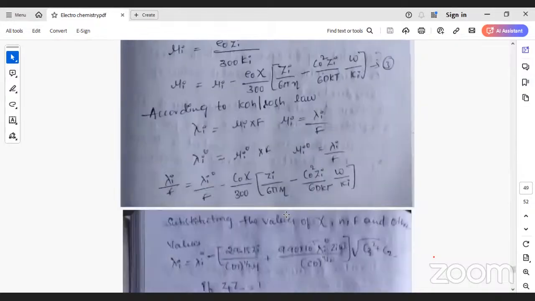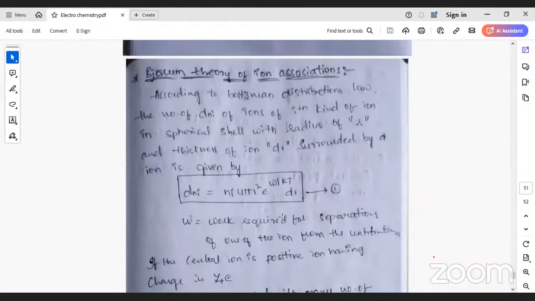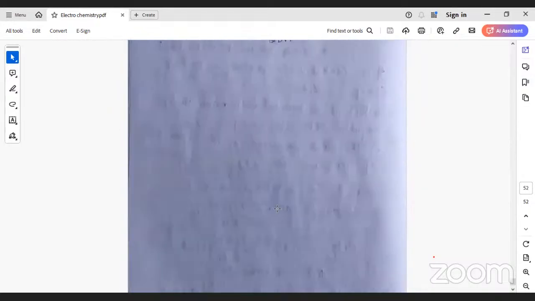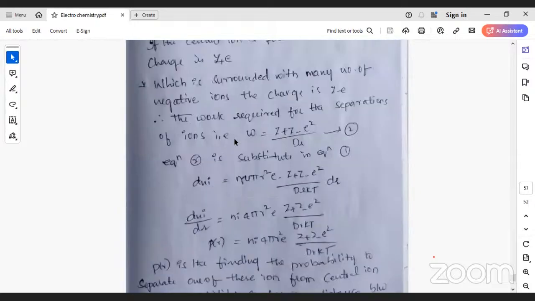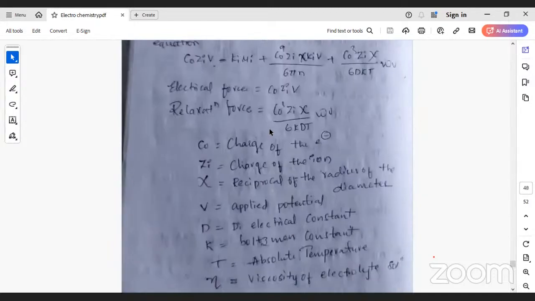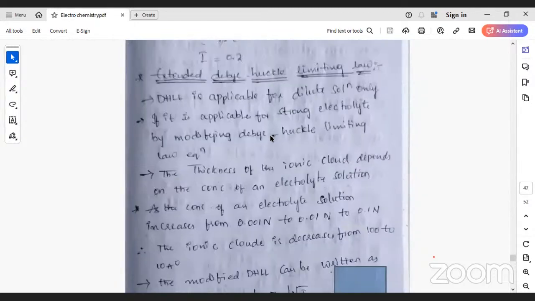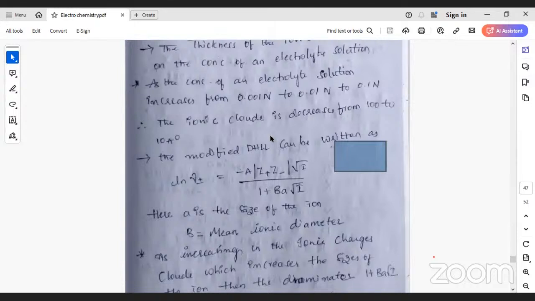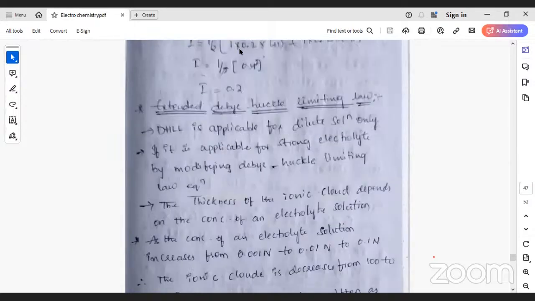The complete derivation will take some time, and after that the theory will be there. Only two concepts will be left, and these two will be discussed in the next class. After that, we'll discuss another new block, either photochemistry or chemical kinetics.